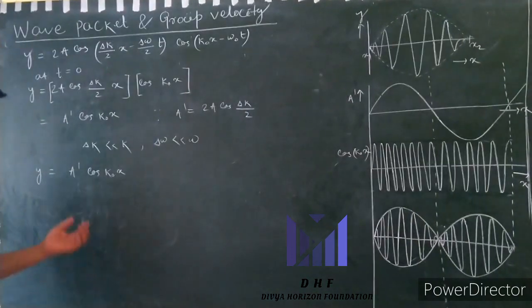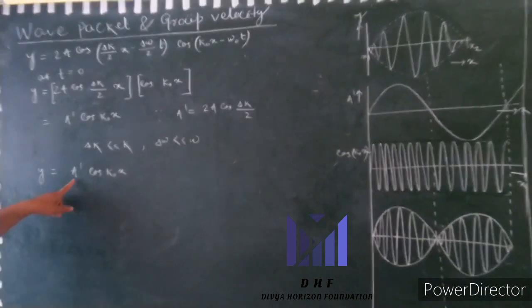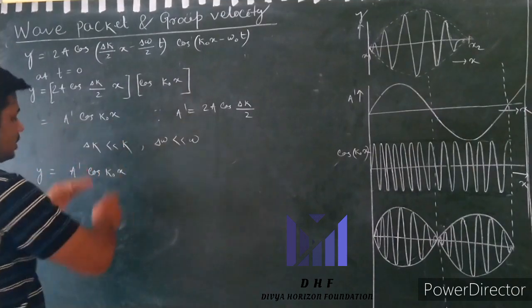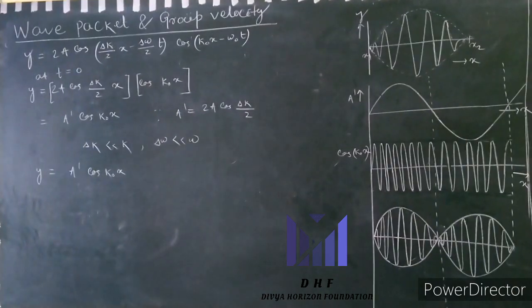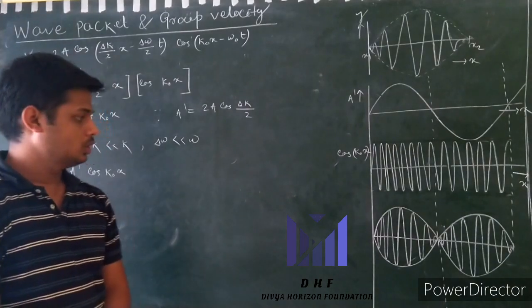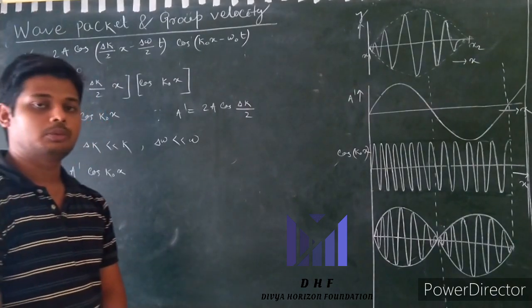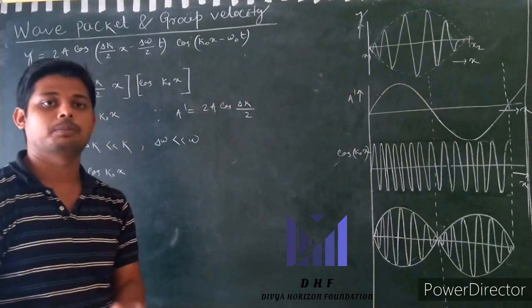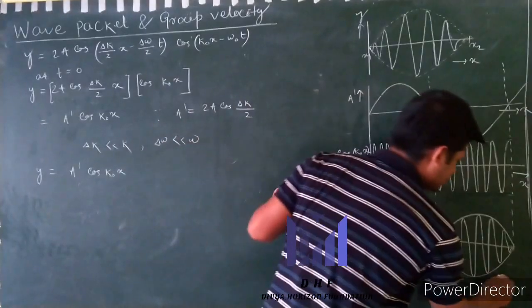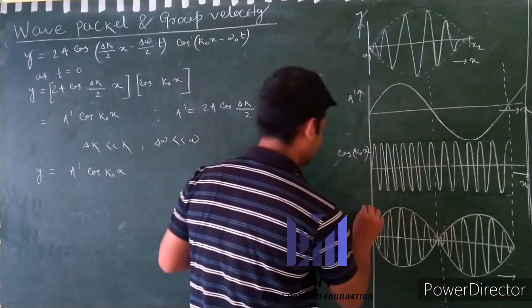But now we are going to draw the curve a dash cos k0 x, which means we have to draw the multiplication of these terms with respect to x. So what is the method to do that? The only method is to multiply point by point and draw x versus y.